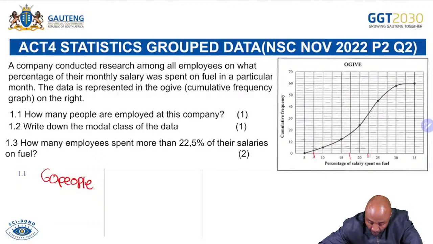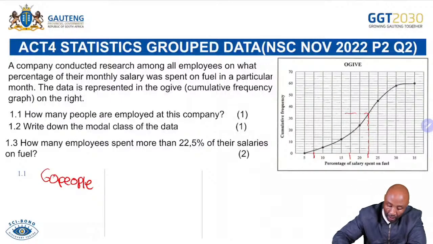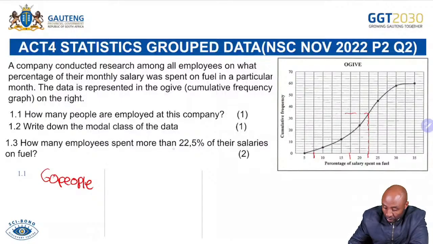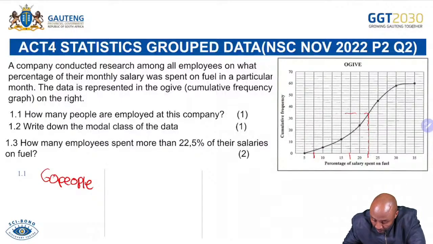So 22.5 is this one. You take your ruler, go up, then you take a reading that side. And this will give us how many employees spent more than. So more than, it means it's from here going that way.